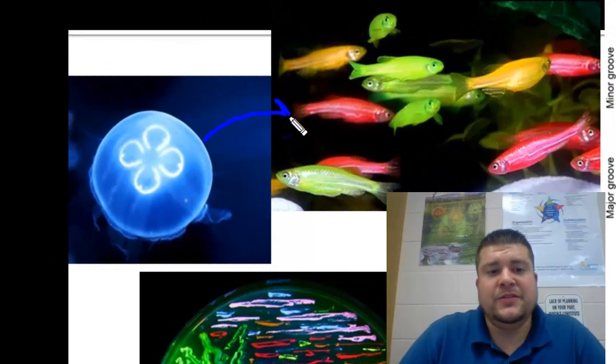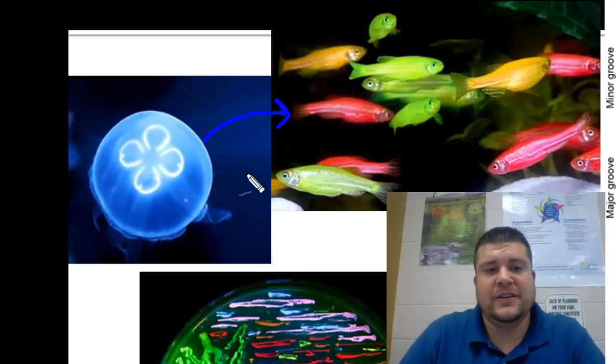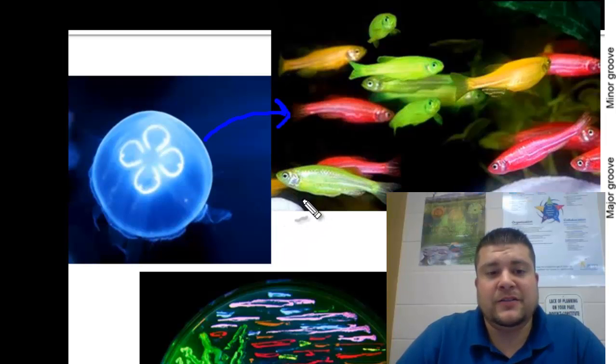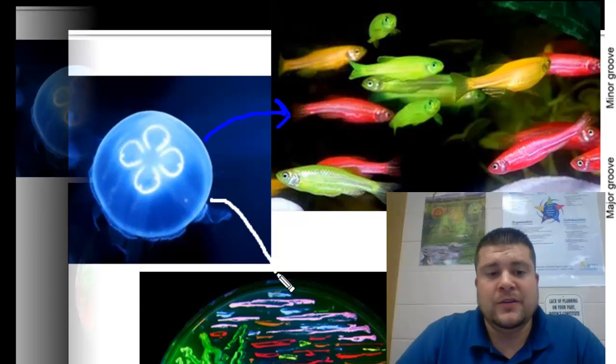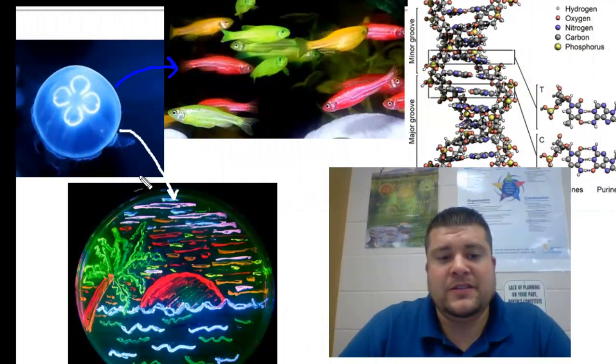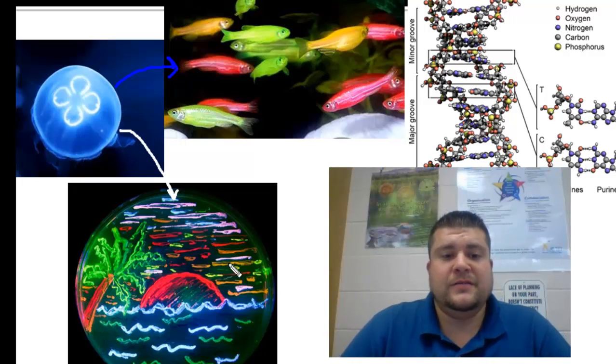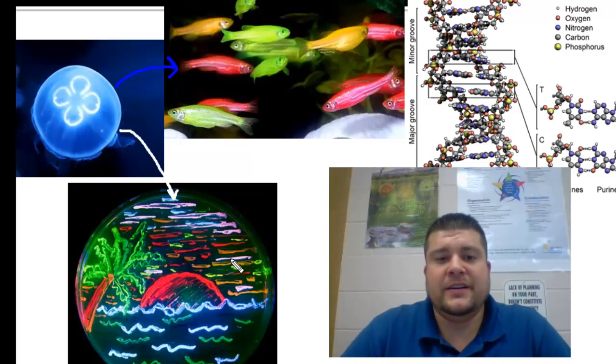And so what we've been able to do is put that glowing jellyfish DNA into fish and have the fish create that same protein. And then we can also put that into bacteria. And so we can use different types of glowing genes to create this beautiful mosaic here.